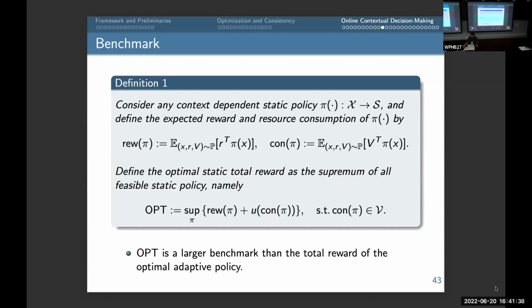Then the optimal such static policy is the one that is the supremum over all policies of the expected reward plus the utility of the expected consumption, subject to the expected consumption being feasible. Okay, so this optimal static total reward is a standard benchmark in the literature, and it can be shown that this is an upper bound on the total reward of an optimal adaptive policy, which adapts to the past data.